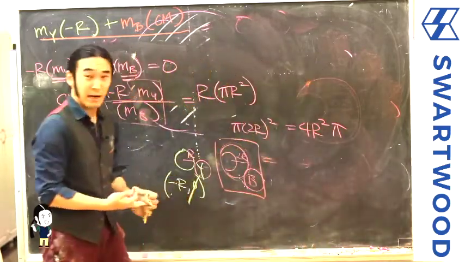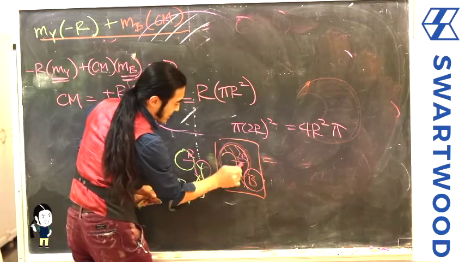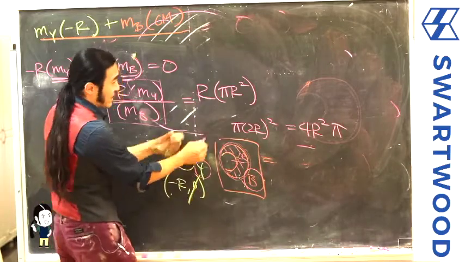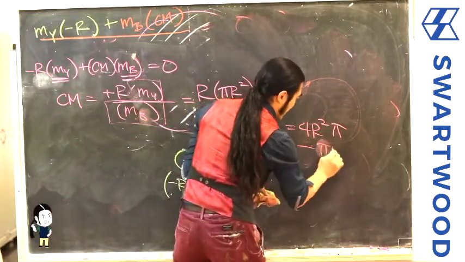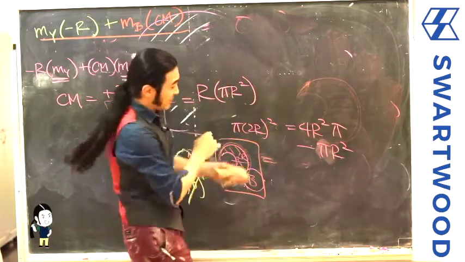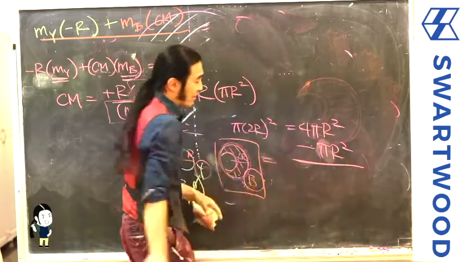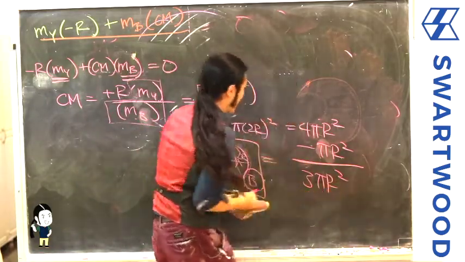Just multiplying it out. However, that would be the entire guy here, and what we want is this guy. All you have to do is subtract this, but we already solved for that. We said the area of this guy is pi r squared. So you subtract pi r squared. Okay, all right, my bad, I don't know why I wrote it that way. Anyway, 4 pi r squared minus pi r squared is 3 pi r squared.